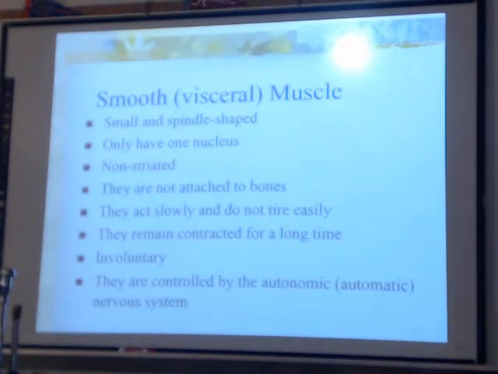So things to remember about smooth muscle. They are small cells that are spindle-shaped. They have one nucleus. They act slowly, so they respond slowly, but have high endurance. They can remain contracted for a long period of time.